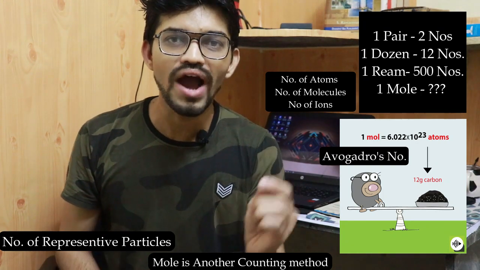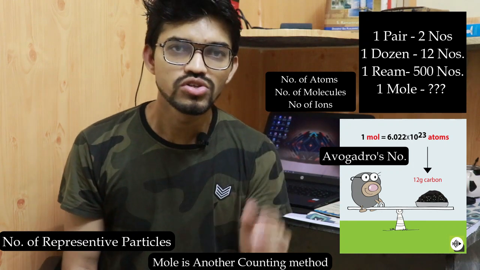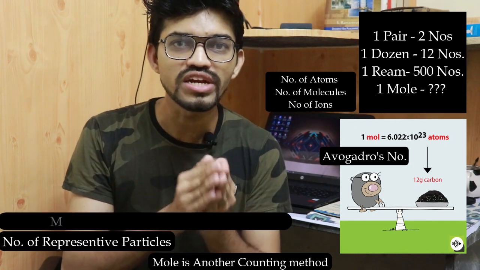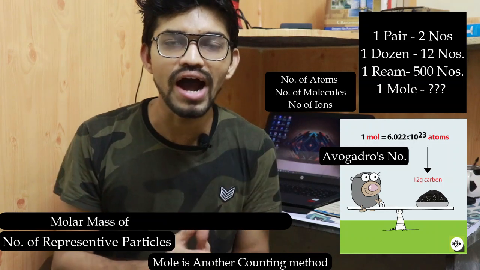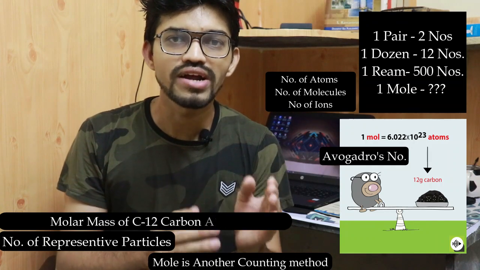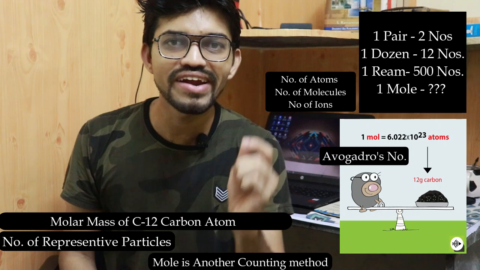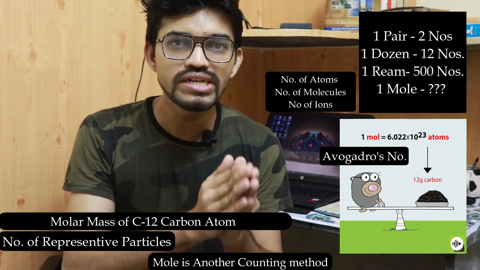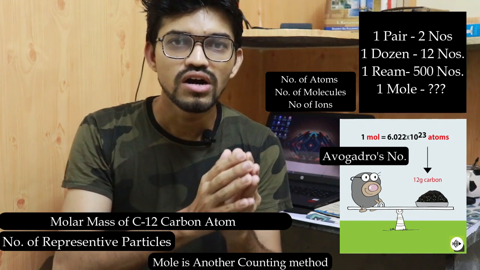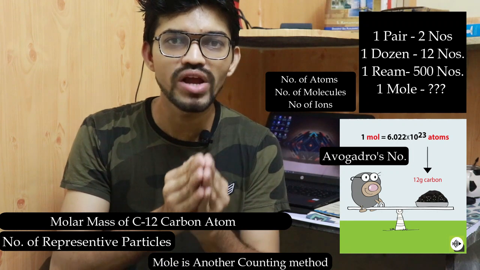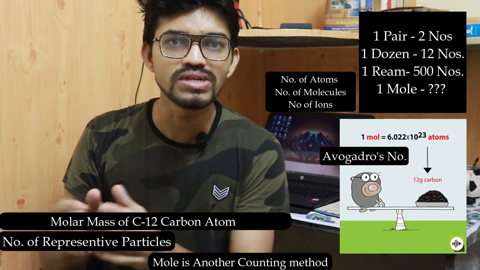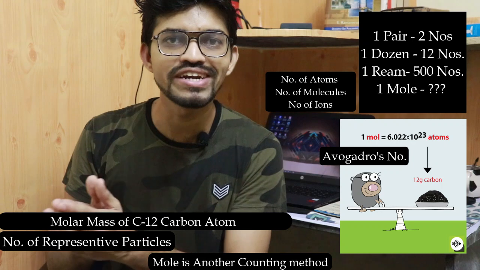So basically, why this 6.02? This 6.02 represents the molar mass of carbon atoms, that is 12 grams of carbon. So 1 molar mass, 12 grams of carbon atoms, is nothing but 6.02 into 10 raised to 23.